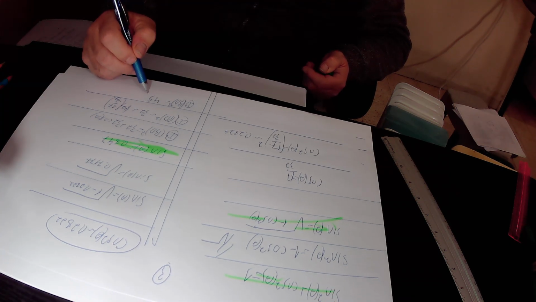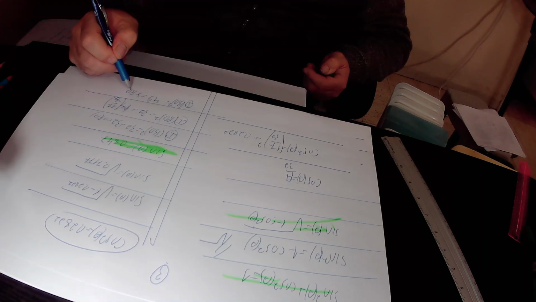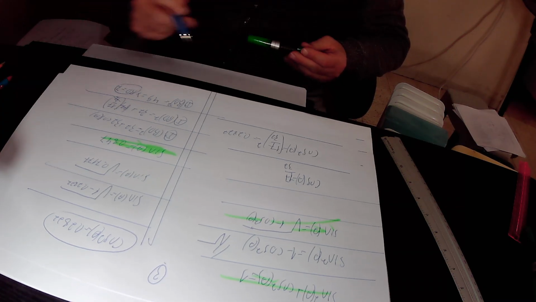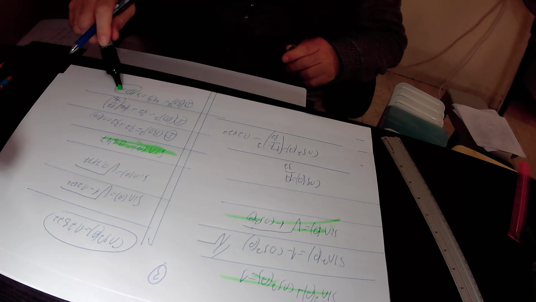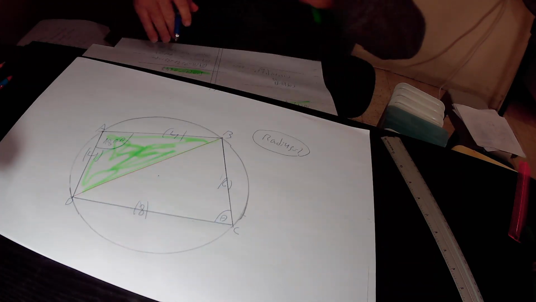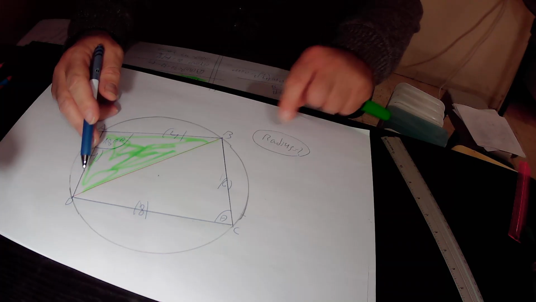Taking the square root of this equation, we find that BD equals the square root of 49, that is 7. So in total, BD equals 7 units.